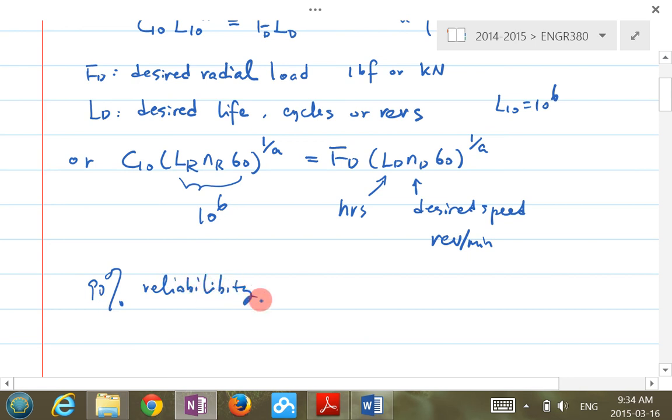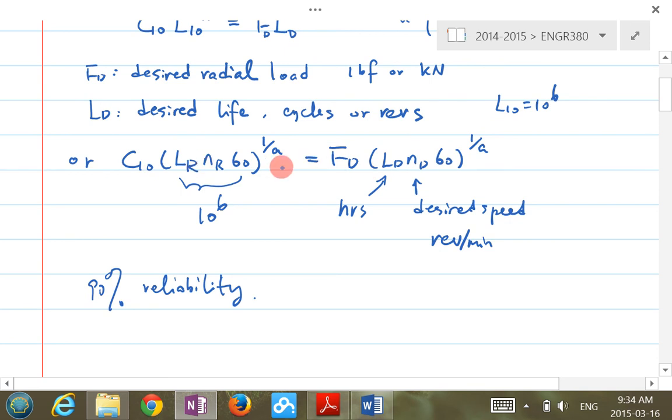If you have a different situation other than 90% reliability, then you might need to modify this equation slightly. For example, if you're selecting a bearing not for 90%, maybe for 95 or 99%, then we're going to modify this equation slightly.